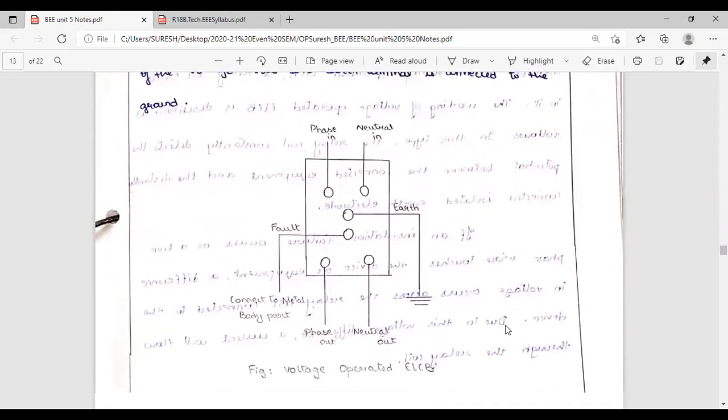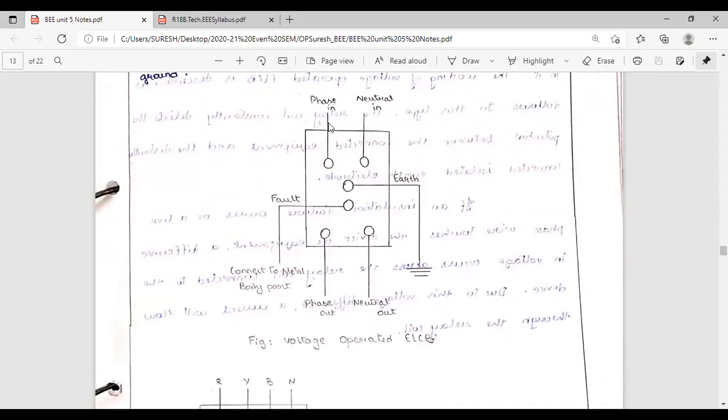In voltage operated ELCB, there are 6 terminals. There are phase in and neutral in. If you take a single phase supply, there will be phase and neutral. This is the in phase. Current will enter here in the in phase. Phase out means current will leave here. Phase out and neutral out. Phase in, neutral in, phase out, neutral out.